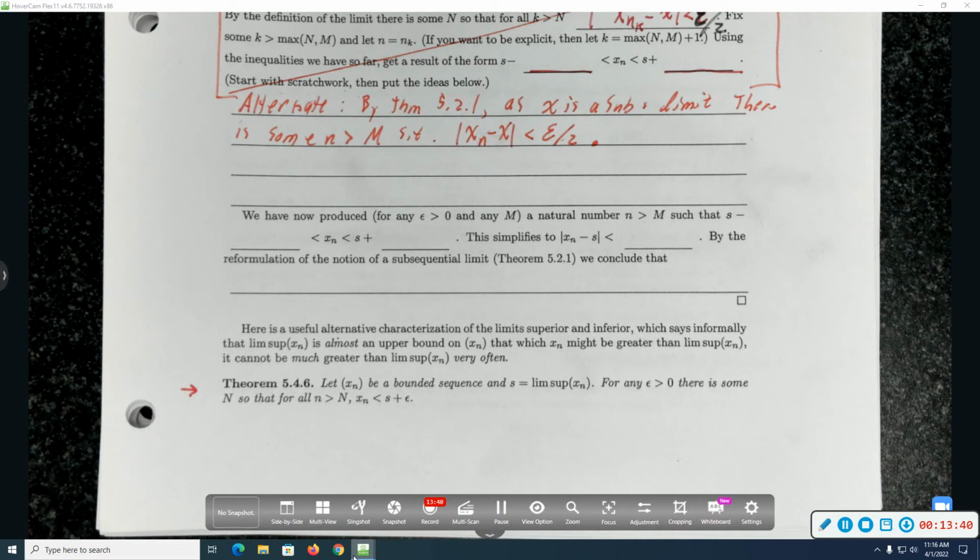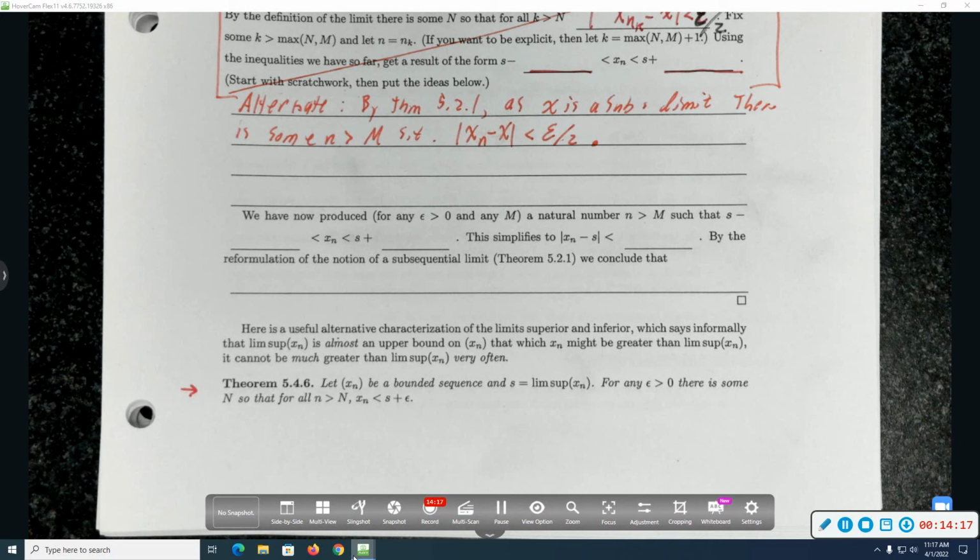So could you do the same type of thing to this? Yes. Yeah, I guess it would be adding x to everything inside instead of s. Minus x. Cool. All right. Thank you. Okay.